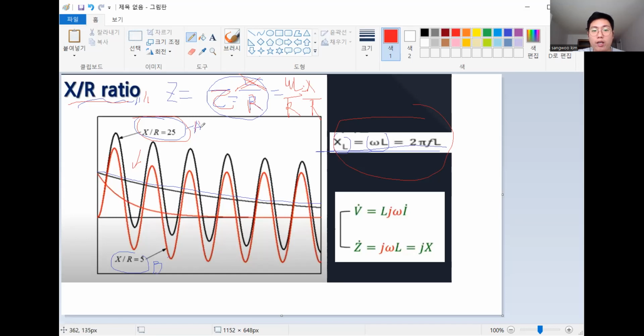The A waveform has a bigger ratio, which means this DC offset needs more time to disappear than B, because B is smaller. So that's why we need to consider this part. The peak point is different.